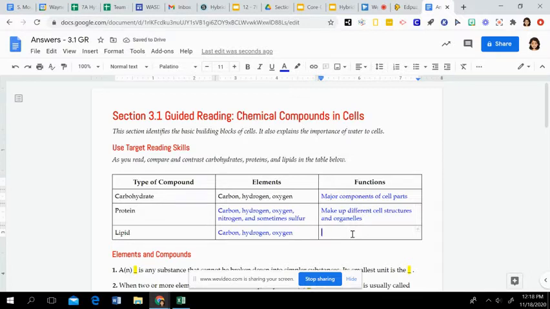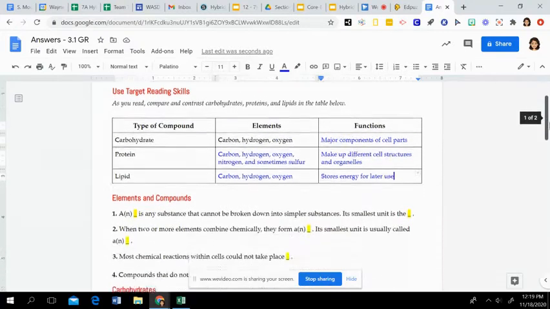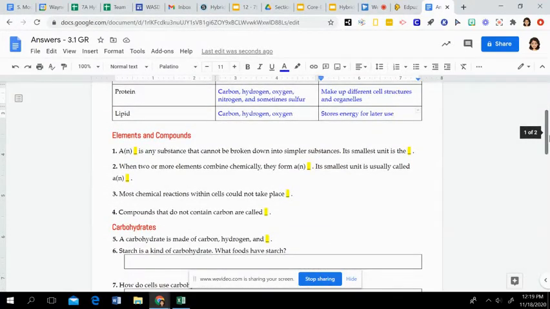Then lipids, they store energy for later use, so the cell can access that lipid when it needs more energy later. And carbohydrates provide energy for cells as well, but it's a quick, short-term energy, whereas lipids, because they can be stored, they last longer.